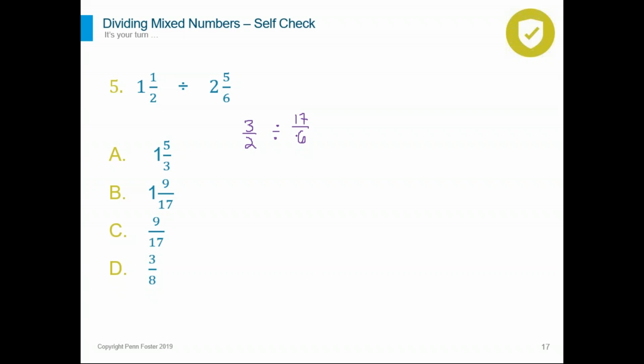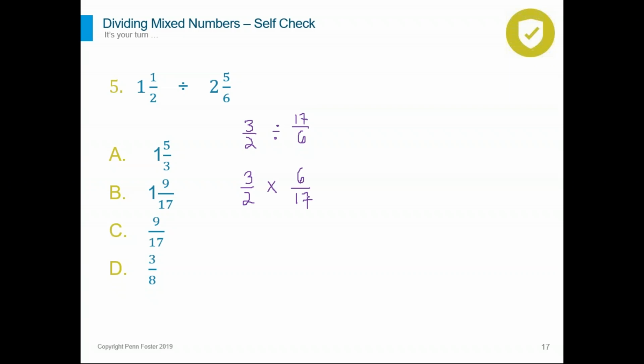Now we can change the problem to a multiplication problem. So we do 3 over 2 times, flip the second fraction, 6 over 17.